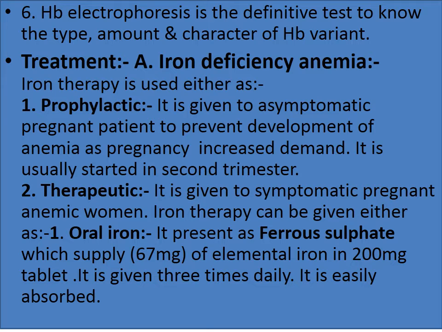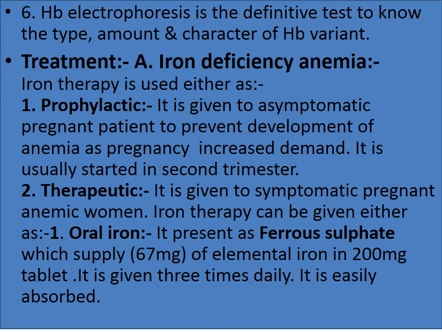Prophylactic is given to asymptomatic pregnant patients to prevent development of anemia, as pregnancy increases demand for iron. It is usually started in the second trimester. Therapeutic is given to symptomatic pregnant anemic women.